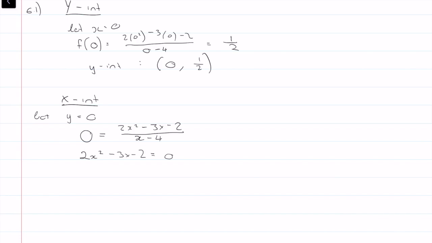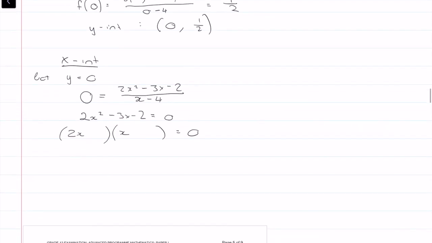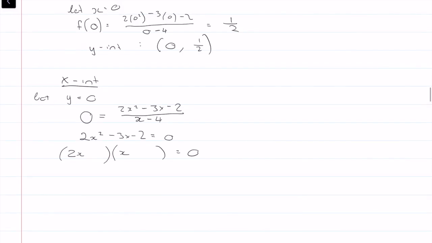Now we need to factorize this. We're going to have 2x, then x, is equal to 0. I know I am going to need a minus, so let's say minus 2, and we're going to need a plus 1.